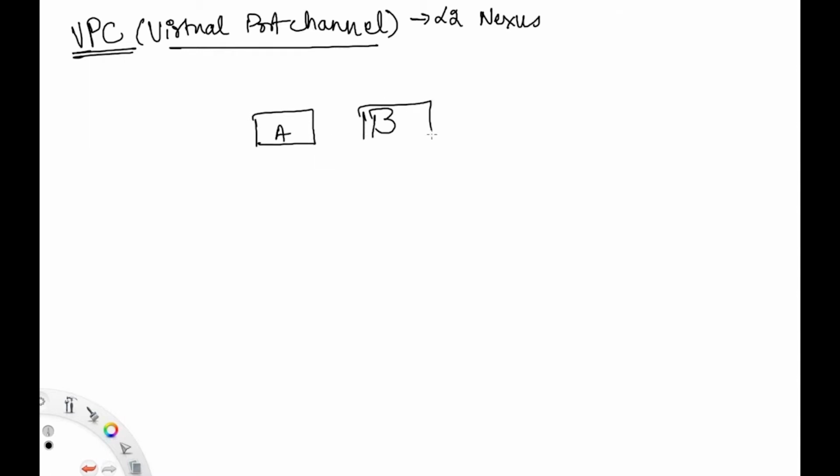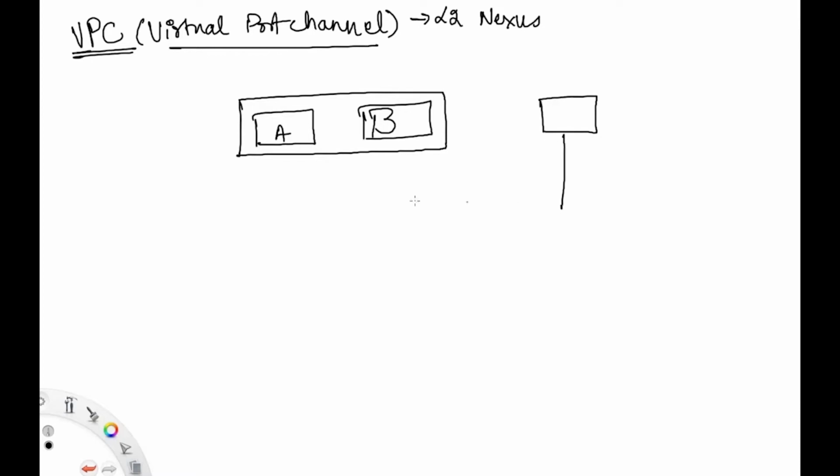I have two Nexus switches between which I'm going to be configuring a VPC domain. These two switches logically appear as one to whatever devices are connected in the downstream. All right.